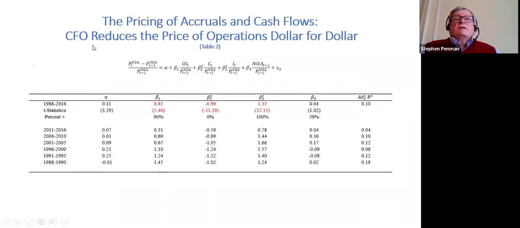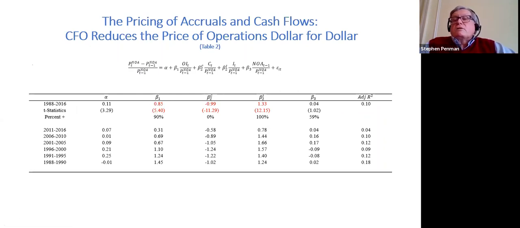So now, because I'm looking at the business operations, I've got the enterprise price changes, the price of the net operating assets on the left-hand side. I have the operating income, which is determined by the accrual accounting. And I've got the cash flow from operations and the cash investment. Now there's your coefficient, robustly positive on the operating income.